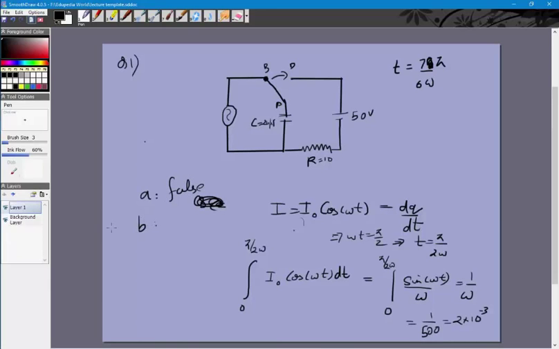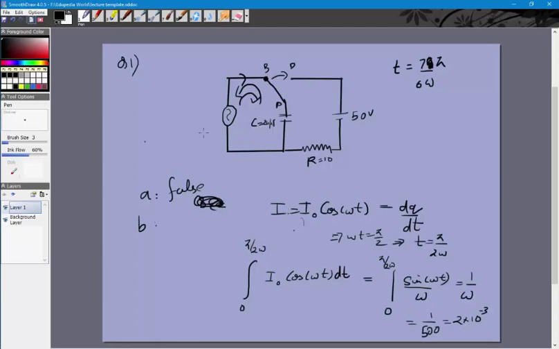What about option B? The current in the left part just before T equal to 7 pi by 6 omega. The arrow is given in this direction, that means this is the positive current. So from 0 to pi by 2, this is the direction. After omega t is pi by 2, that is t is pi by 2 omega, the direction will reverse for another pi by omega time.